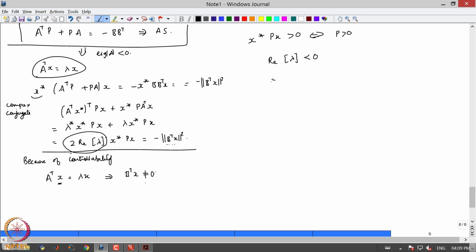This shows that A transpose is a stable matrix, or a stability matrix, and therefore A is also a stable matrix.